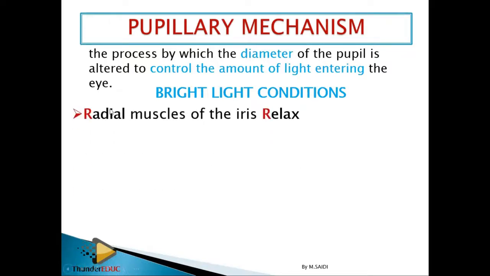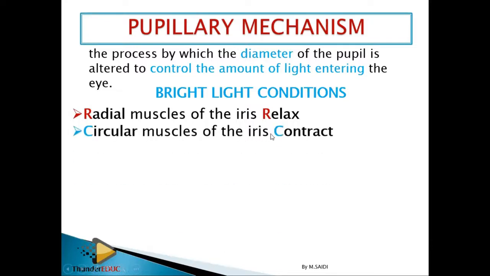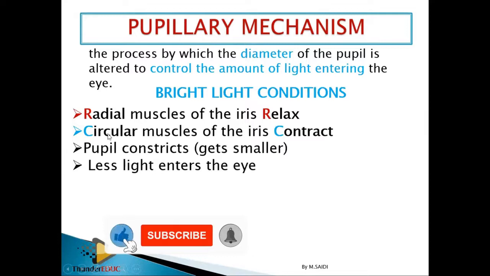During bright light, the radial muscles of the iris relax, and the circular muscles of the iris contract. When they contract, the pupil constricts. It means that it gets smaller and less light enters the eye. How do we explain this?